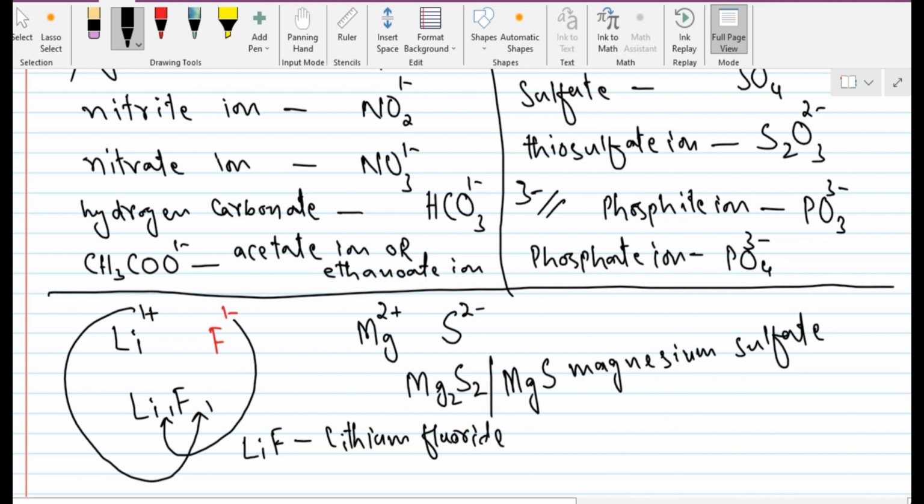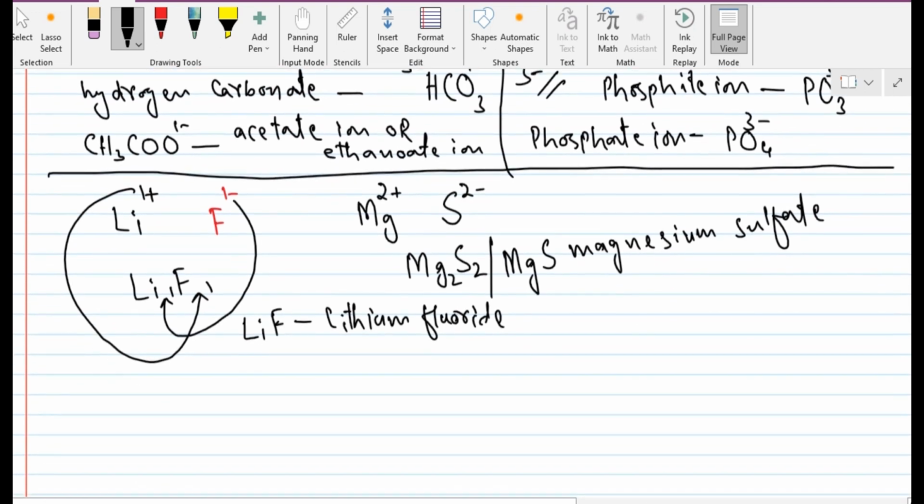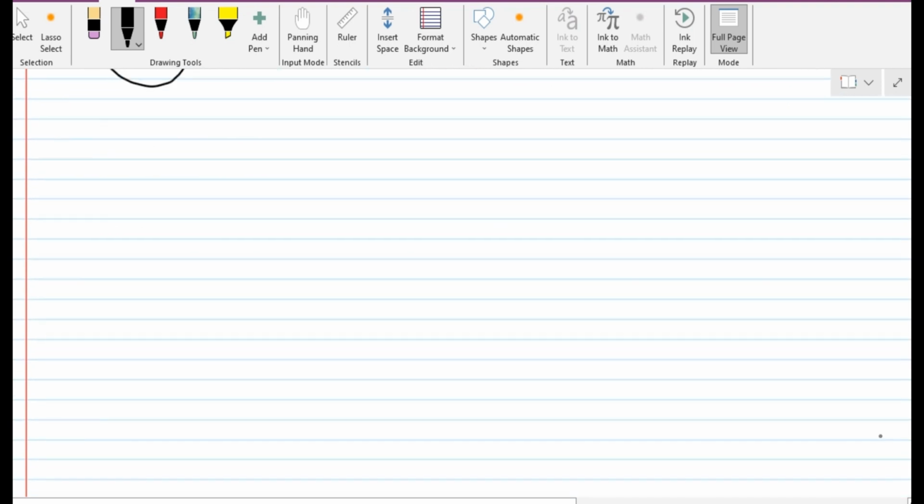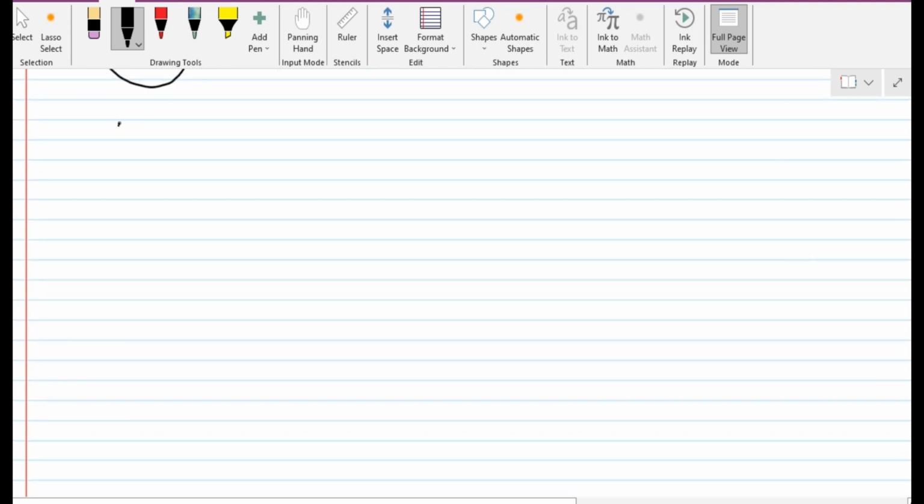And now if I take some complex examples and one example from transition metals, then it will clear all. So for example, now I'm taking calcium with 2 plus charge, because calcium belongs to group 2. This time I'm taking the nitrate ion, NO3 with negative charge. Remember, this 3 is part of the formula.